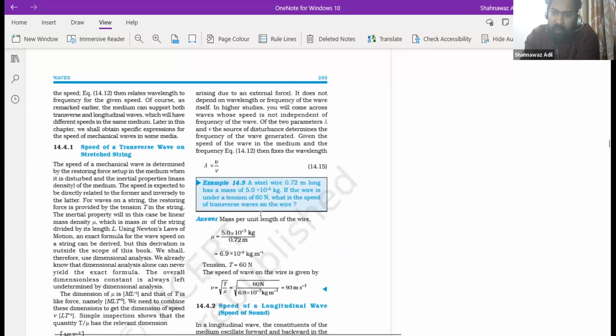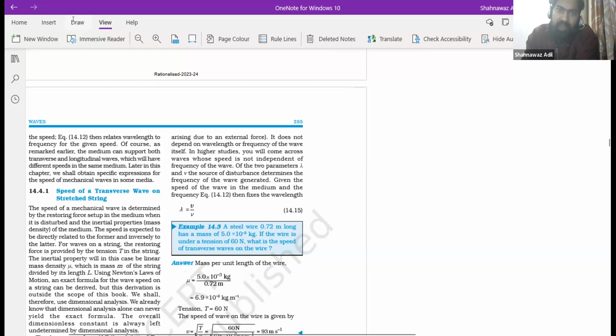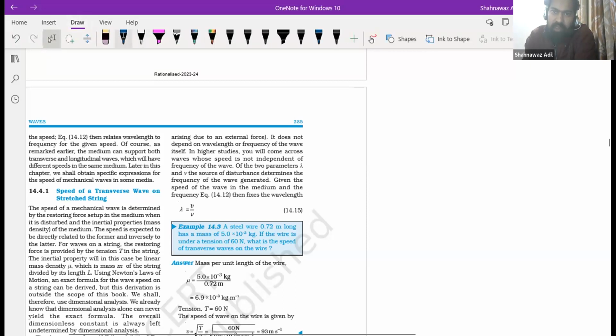A steel wire, 0.7 meter long. Length is 0.7 meter, and mass is 5 into 10 to the power minus 3.